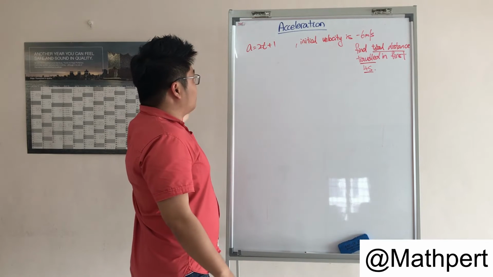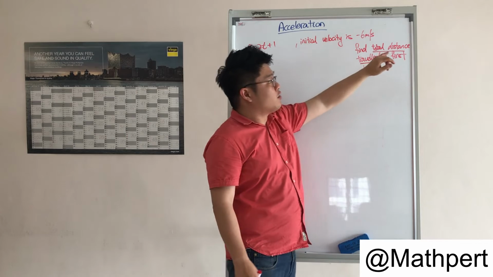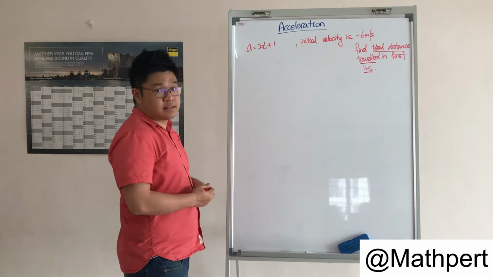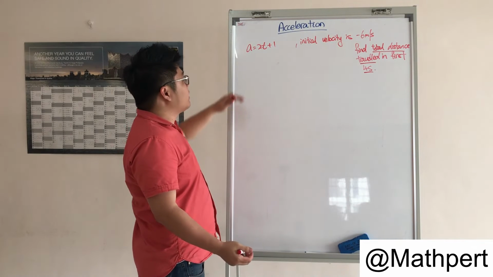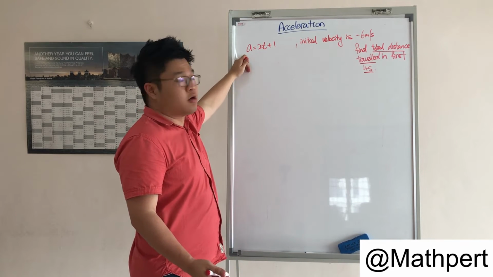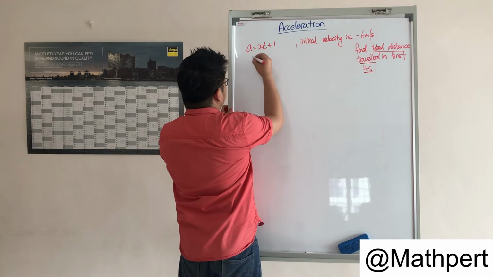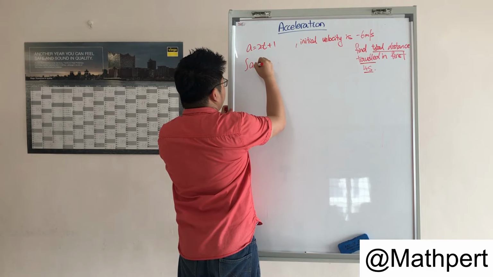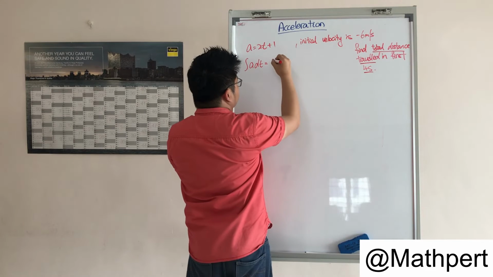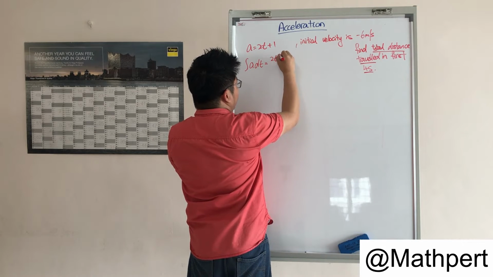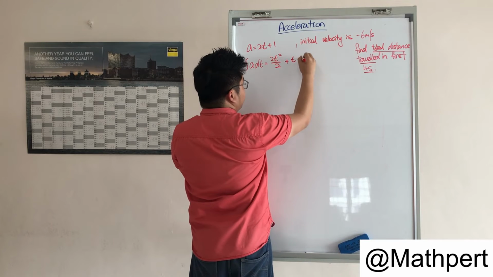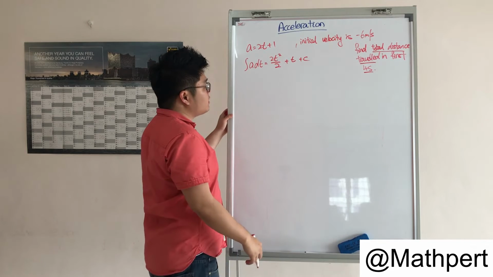So, let's find the equation for total distance traveled. So it's s. How do we get s? By integrating the acceleration two times. First, integrate a dt. Integrating this, we get 2t²/2 + t + c.